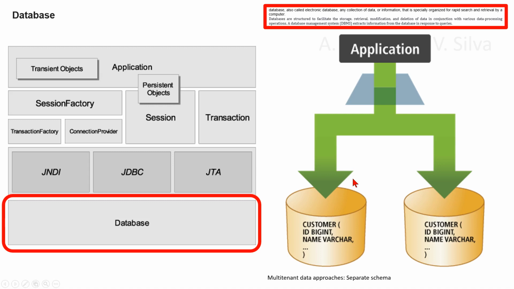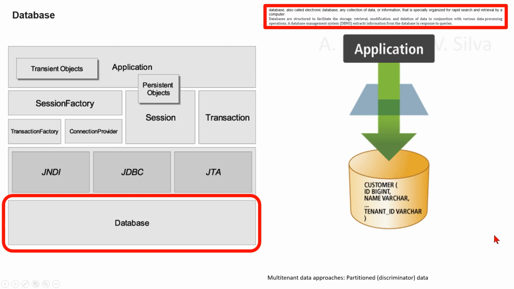Using this approach, we would have a single JDBC connection pool to service all tenants, but before using a connection it would be altered to reference the schema name of the current tenant identifier associated with the currently logged in user. Here you can see the application is connected to databases.